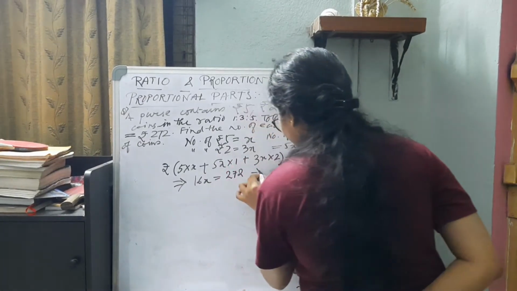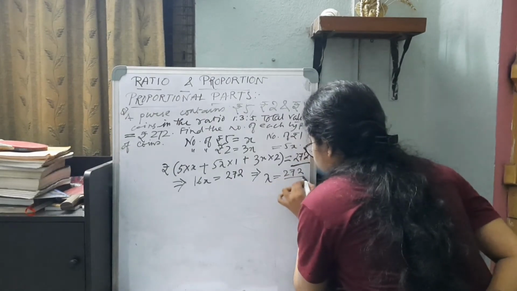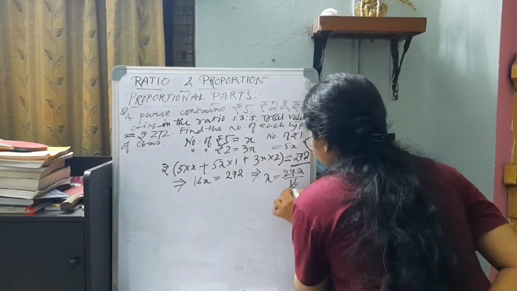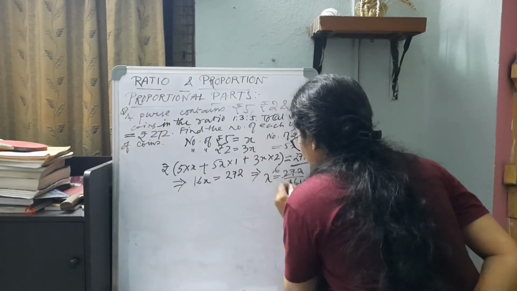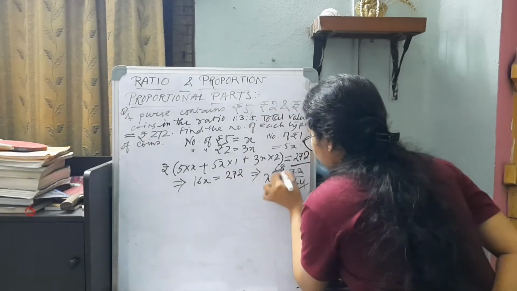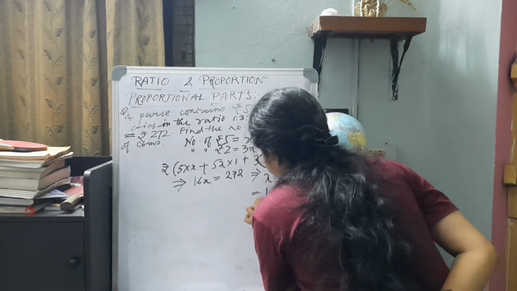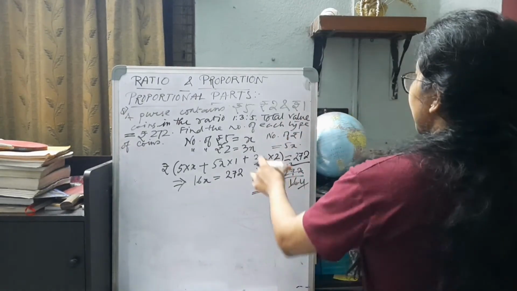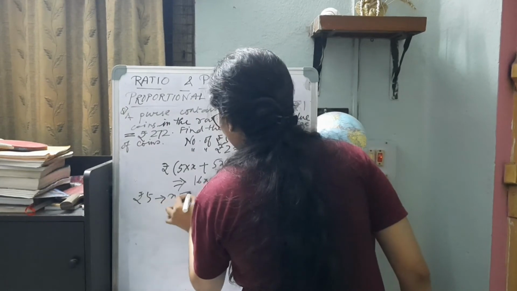272. That means x is 272 divided by 16, which is 17. So the number of rupee 5 coins is x, which is 17.